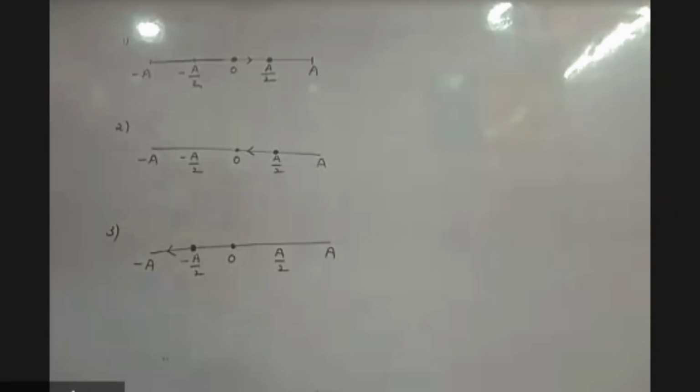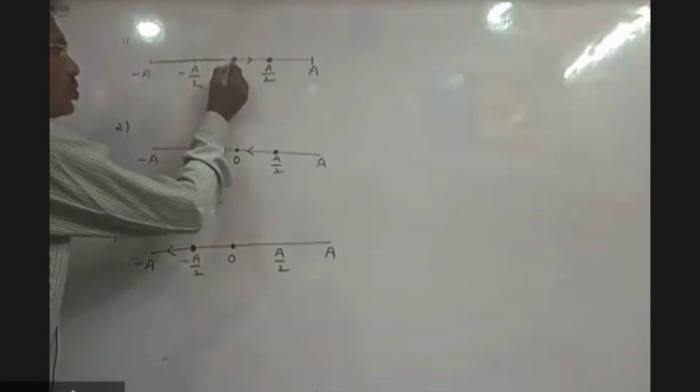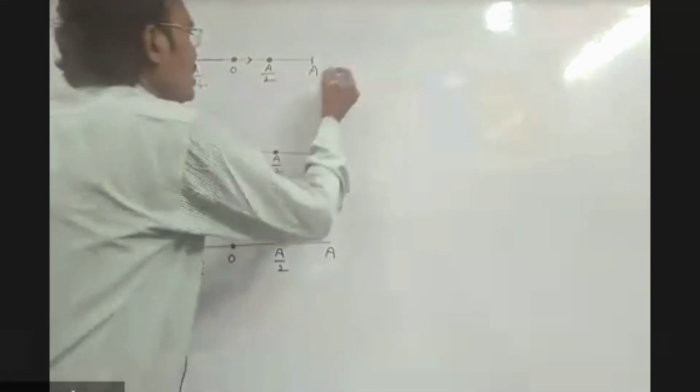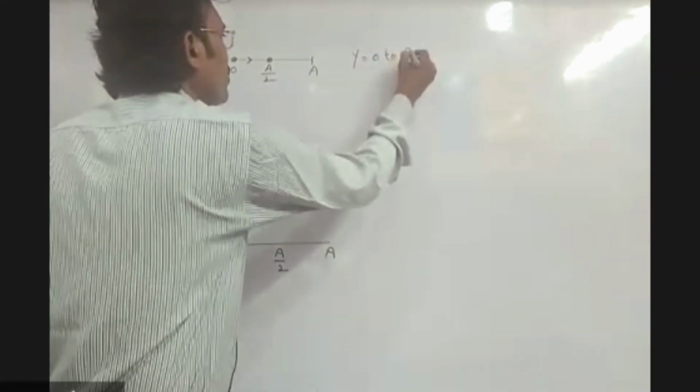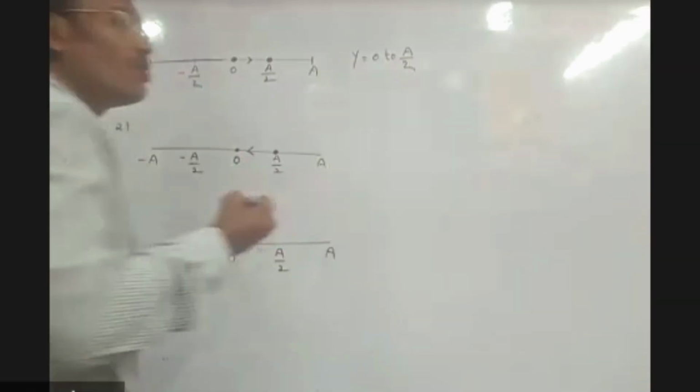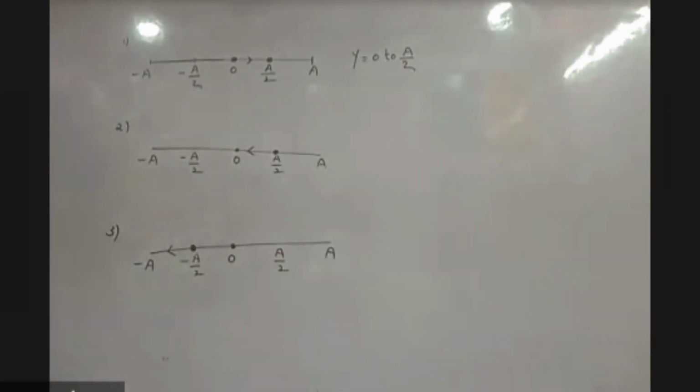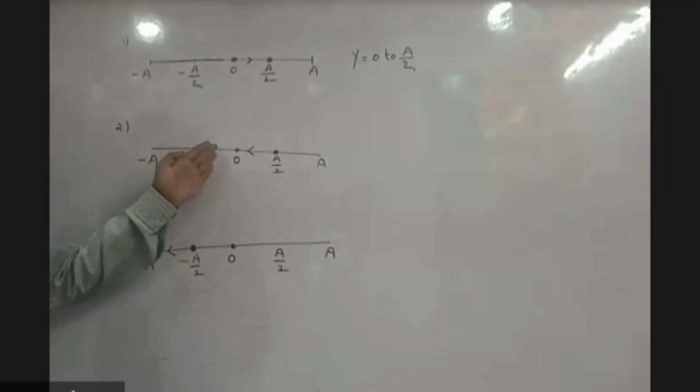The first concept meaning is, the particle is moving from mean position to half the extreme position. In this case, y is equal to 0 to A by 2. Next, what is the meaning of the second thing?